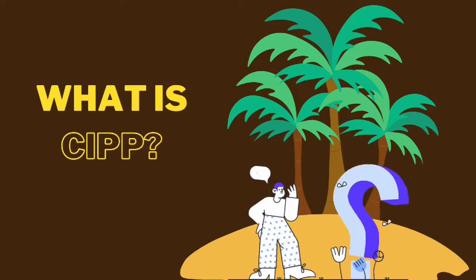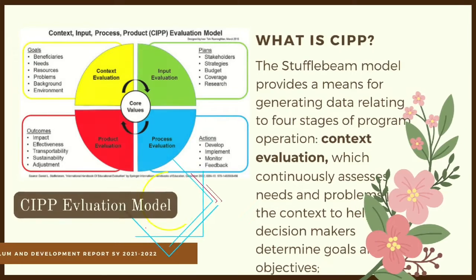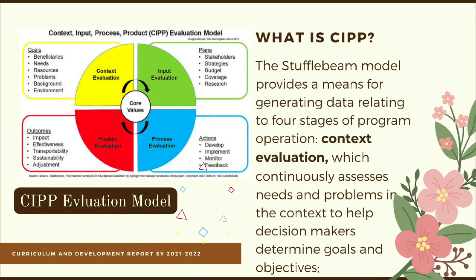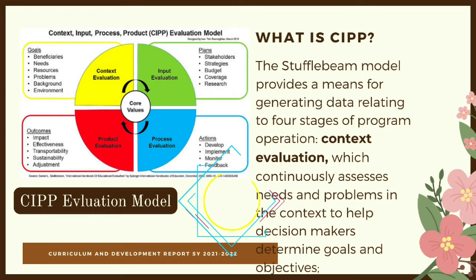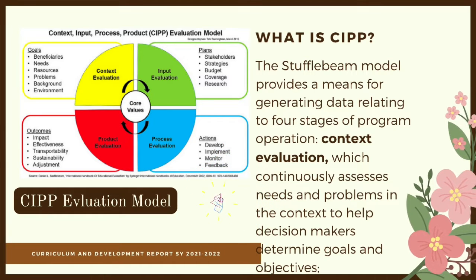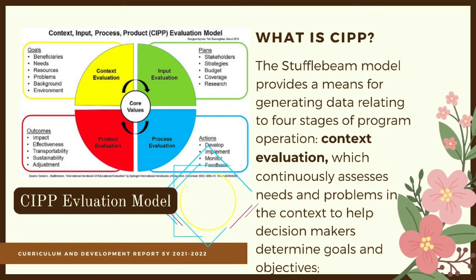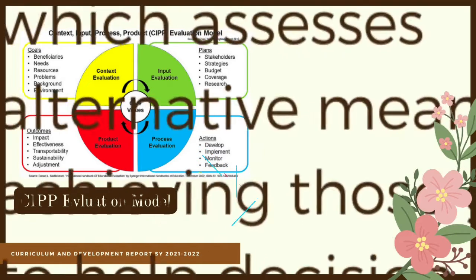What is CIPP? The Stufflebeam model provides a means for generating data relating to 4 stages of program operations. First, context evaluation, which continuously assesses needs and problems in the context to help decision makers determine goals and objectives.